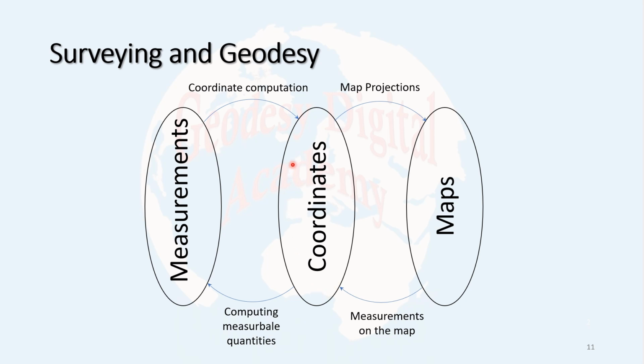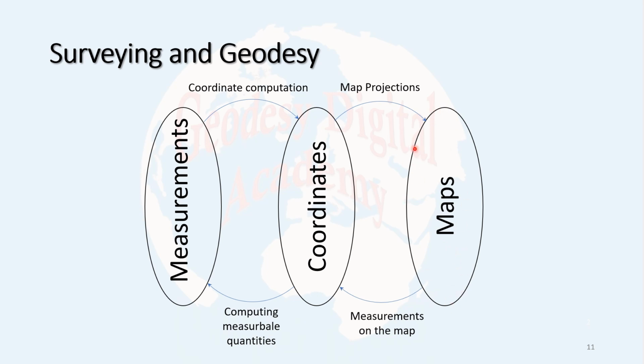Then, when you have done that transfer, you have to compute the coordinates based on ellipsoidal geometry. And maps are two-dimensional, so you need map projections to open an ellipsoid, or ellipsoidal coordinates, to two-dimensional maps, because it's not possible to open a sphere or ellipsoid directly to a map without accepting some distortion.